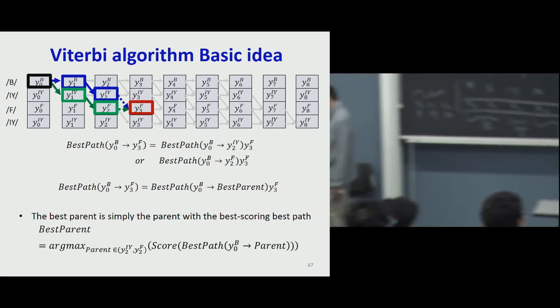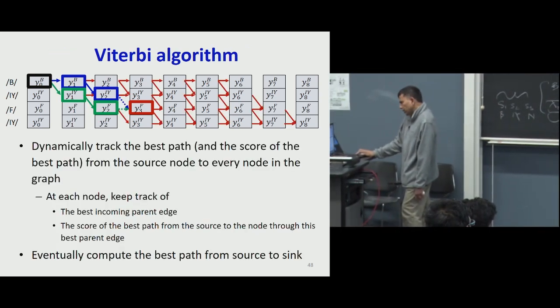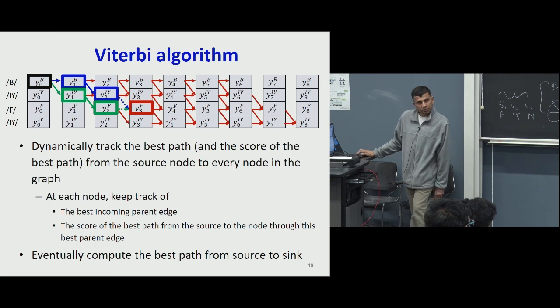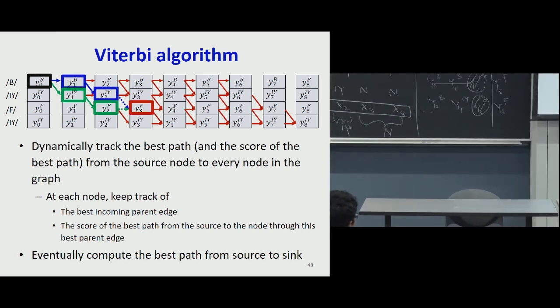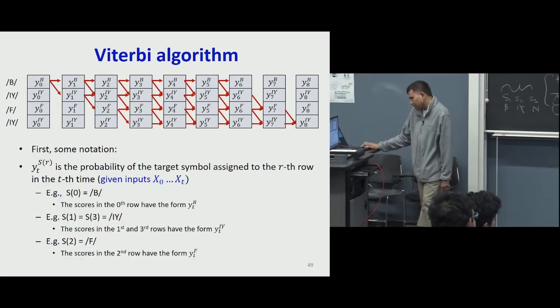So here's what we will do. You're going to dynamically track the best path and the score of the best path from the source node to every node in the graph. At each node, you keep track of the best incoming parent edge, the score of the best path from the source node to the node through this best parent edge, and eventually compute the best path from the output to the sink.